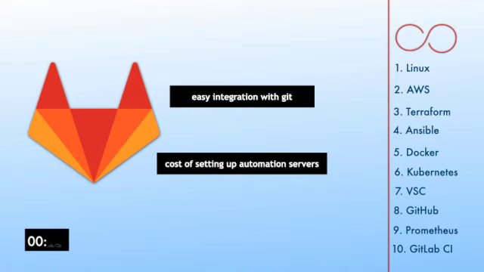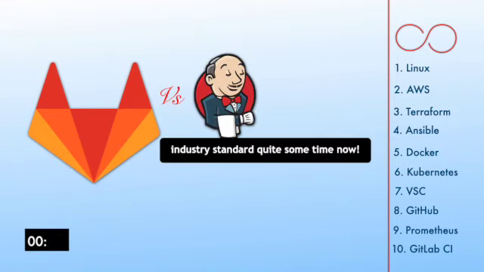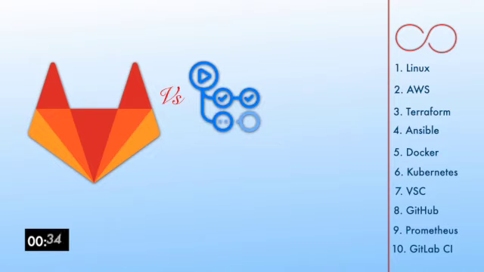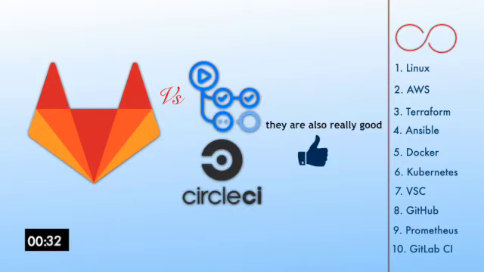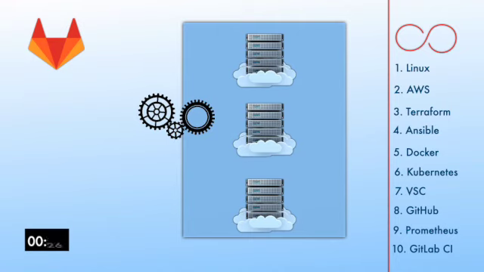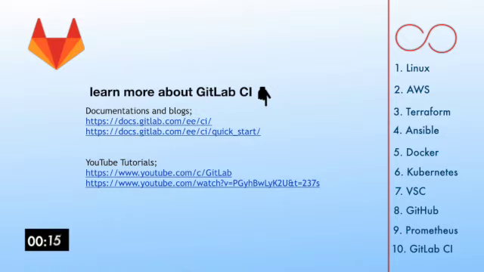But there are great alternatives like Jenkins, which has been the industry standard for quite some time now. And we also have GitHub Actions, CircleCI, which are also really good. CI/CD tools are used to automate and run tests, of course, build applications, run different types of application workloads, and deploy to the end environment. If you want to learn more about GitLab CI, check the link in the description below.